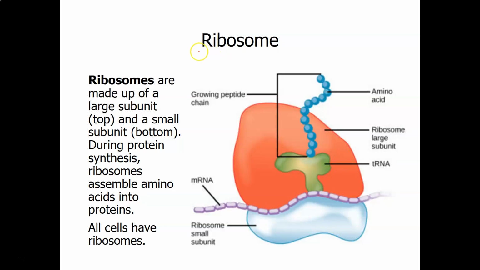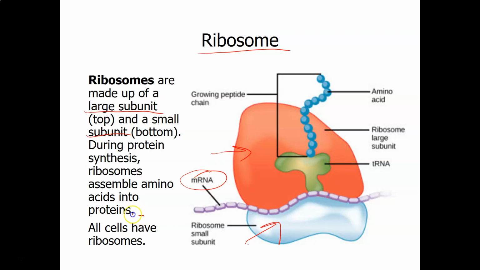Ribosomes are composed of a large subunit, the red part, and a small subunit that you can see at the bottom, the blue part. During protein synthesis, proteins are composed of chains of amino acids. Remember that from chapter 3. So they take the amino acids and assemble them in the proper order to make a protein. And they do this with the help of messenger RNA.